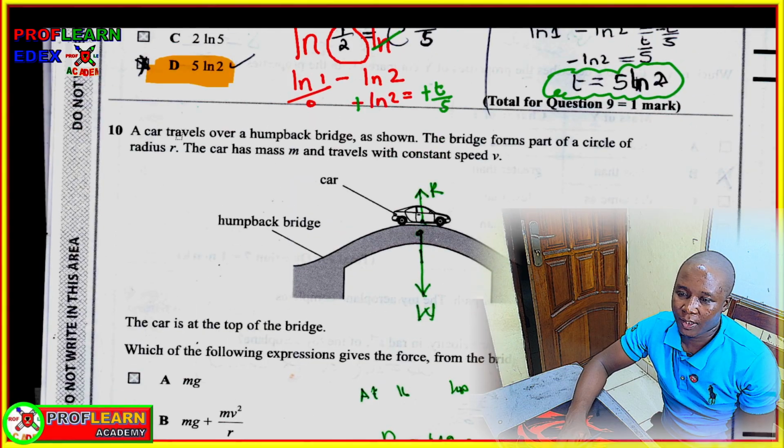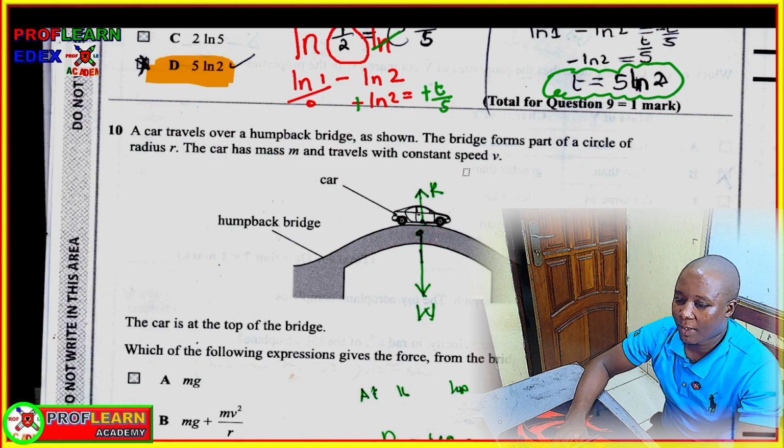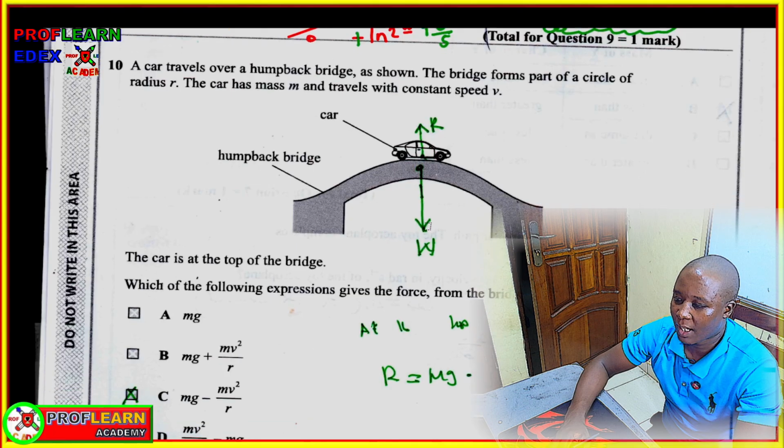Lastly, we have a car that travels over a humpback bridge, and this implies that we shall have the weight acting down and the reaction acting up.